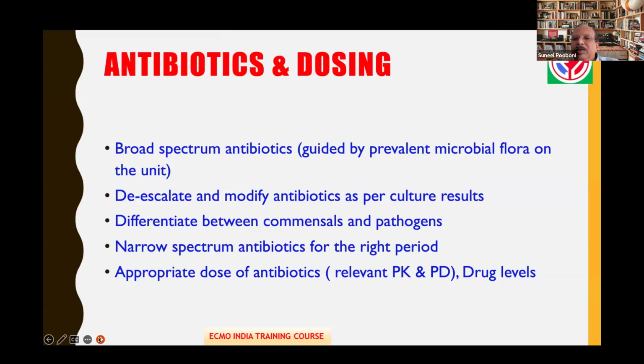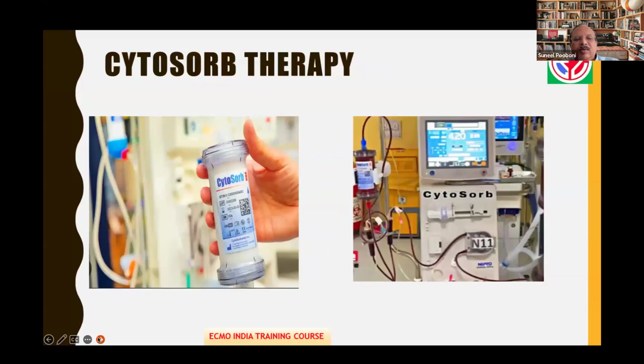Sometimes the division is difficult, but try to use your knowledge in differentiating commensals from pathogens. Use narrow spectrum antibiotics for the right period, and appropriate doses of antibiotics as assessed by pharmacokinetic and pharmacodynamic studies and the drug levels. So the key here is the de-escalation of antibiotics once the need is done.